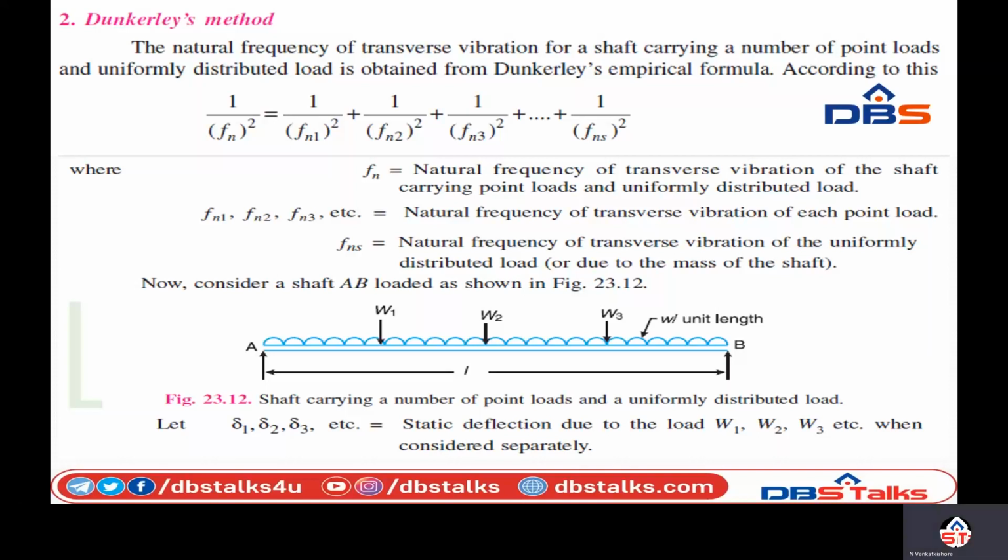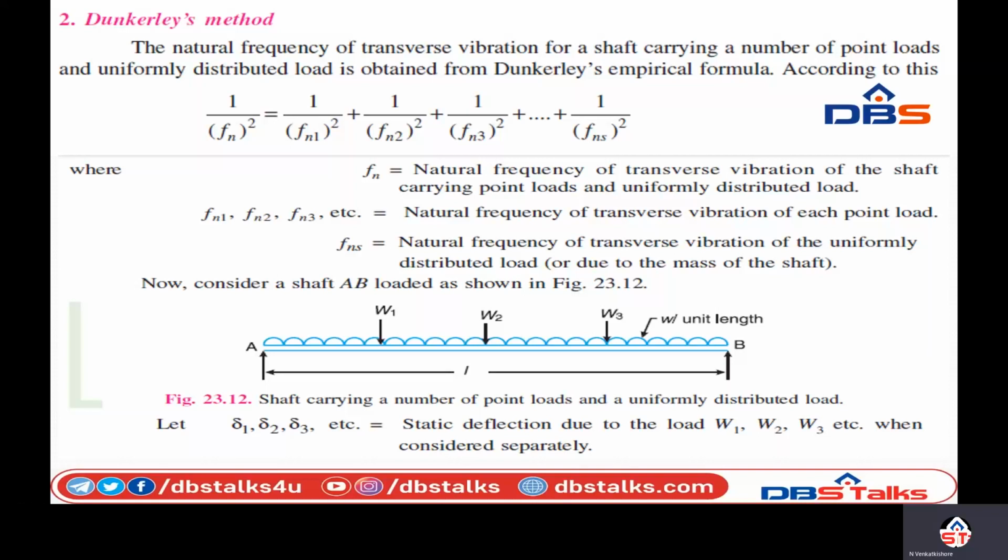In the same way, for all the values we have calculated, by substituting all these, we get the natural frequency due to the UDL, or weight of the shaft, as 0.5615 by square root of delta S.